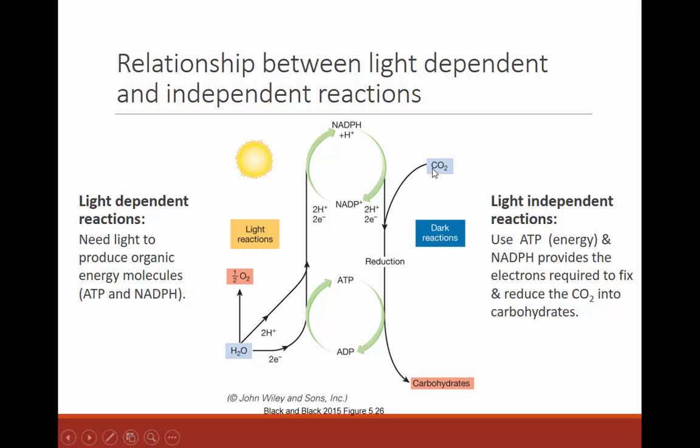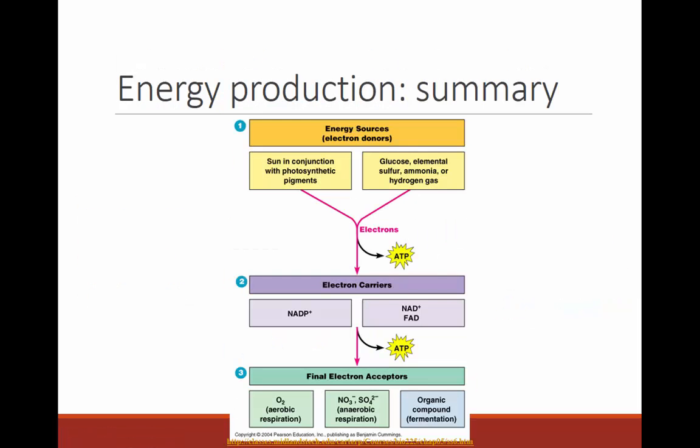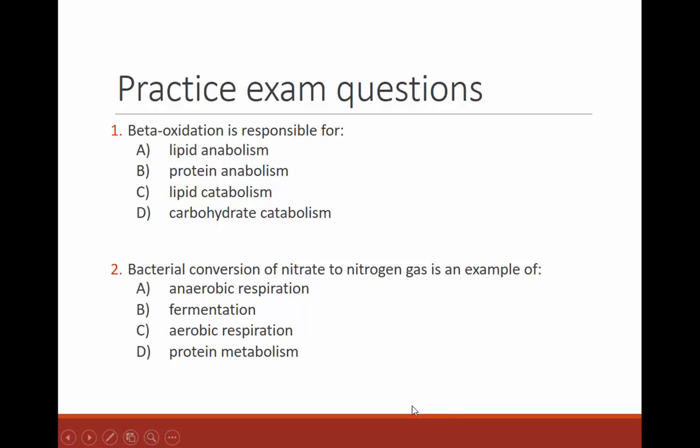They actually use energy, and so they fix the carbon dioxide and produce carbohydrates. So it's just another compare and contrast. And this is just a summary of the whole thing. We've got the energy sources, sun or glucose for example, the carriers of the electrons, and then the final electron acceptors.